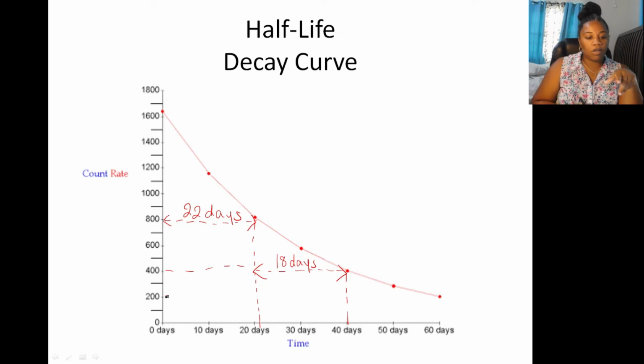And half of 400 is 200, right? That will go across. And remember, I'm not using a ruler. This is all freehand. So this will be your third half-life. And your third half-life looks like about, I wish I had a ruler. Let me do it properly so it could look a little better.